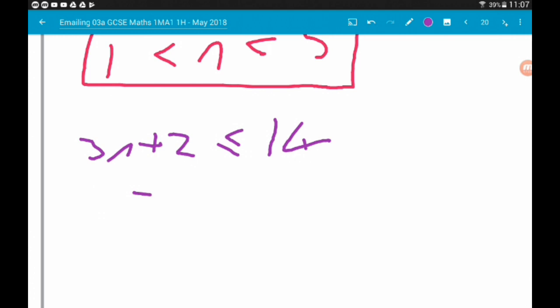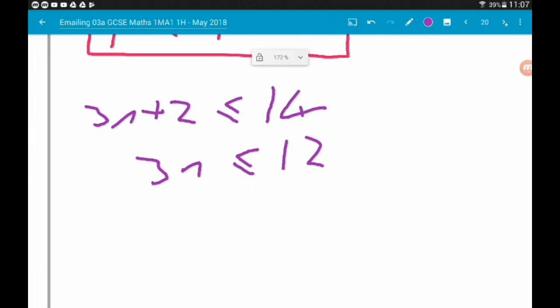So we get 3n is less than or equal to 12, and then divide by 3, and we get n is less than or equal to 4. So that is telling us n is allowed to equal 4, and any whole number below it.